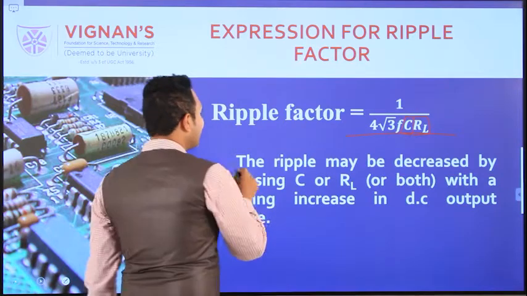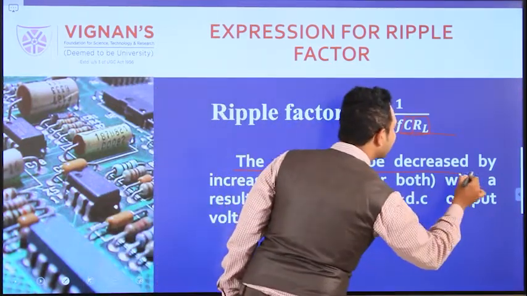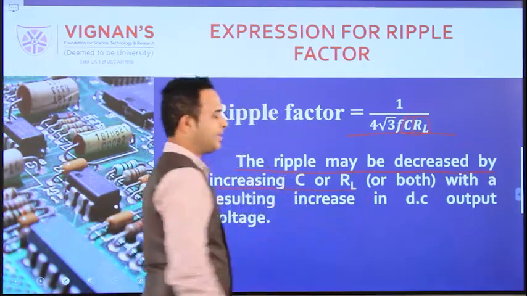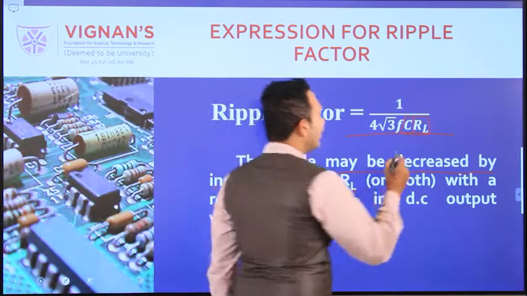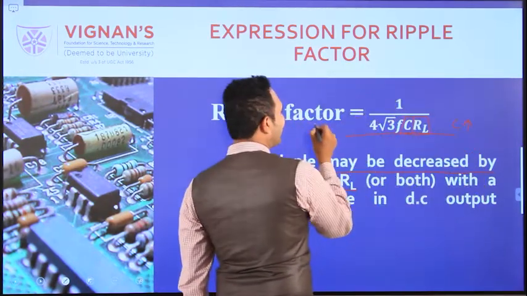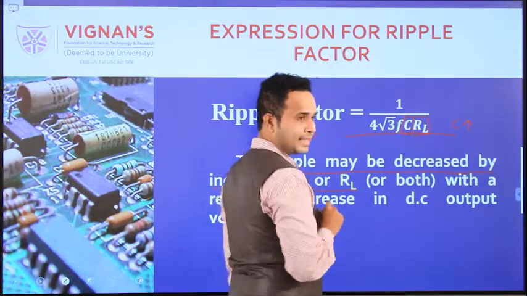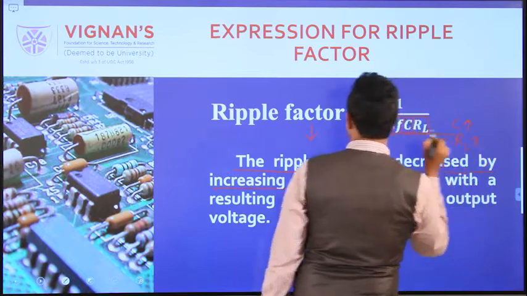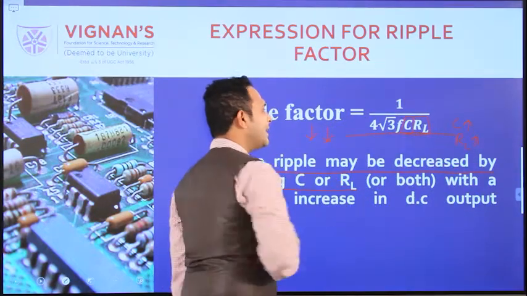The ripple factor decreases by increasing C or R_L. When we increase the capacitance, the ripple factor decreases. When we increase R_L also, the ripple factor decreases.